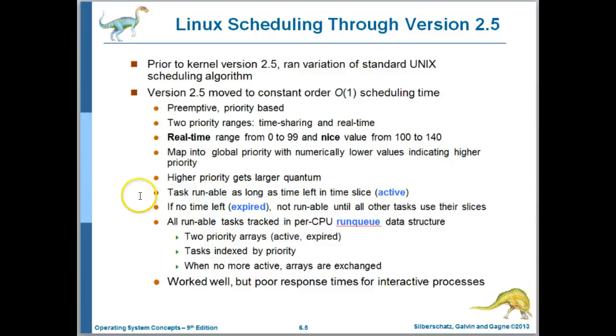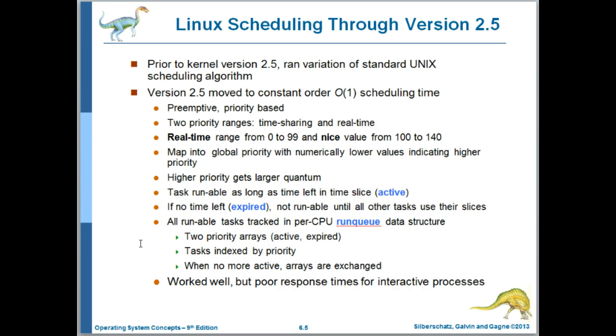The way this was implemented, there were two copies, in essence, of the feedback queues. One copy held those processes that hadn't yet used up their quantum in the current scheduling round.